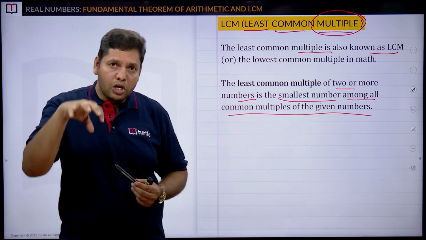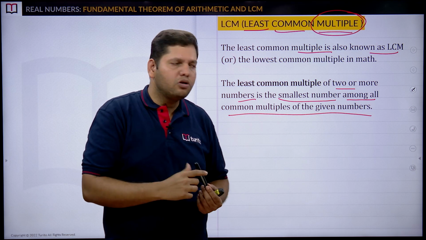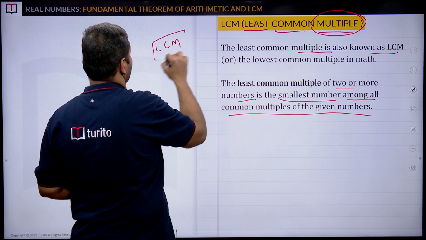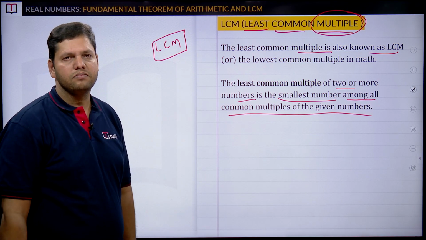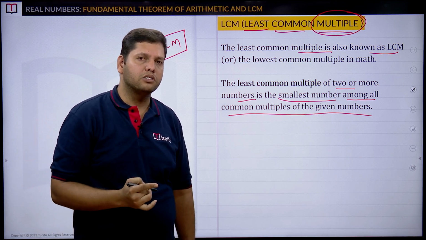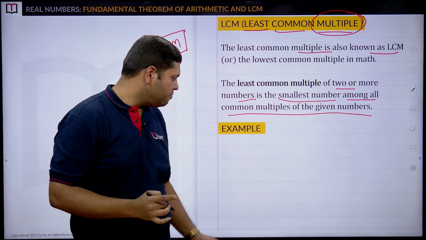From that, you pick up the lowest one. So the lowest common multiple we can say as what, children? LCM. So that is the basic definition of LCM, the lowest common multiple of the given two numbers. So that is called what? LCM.